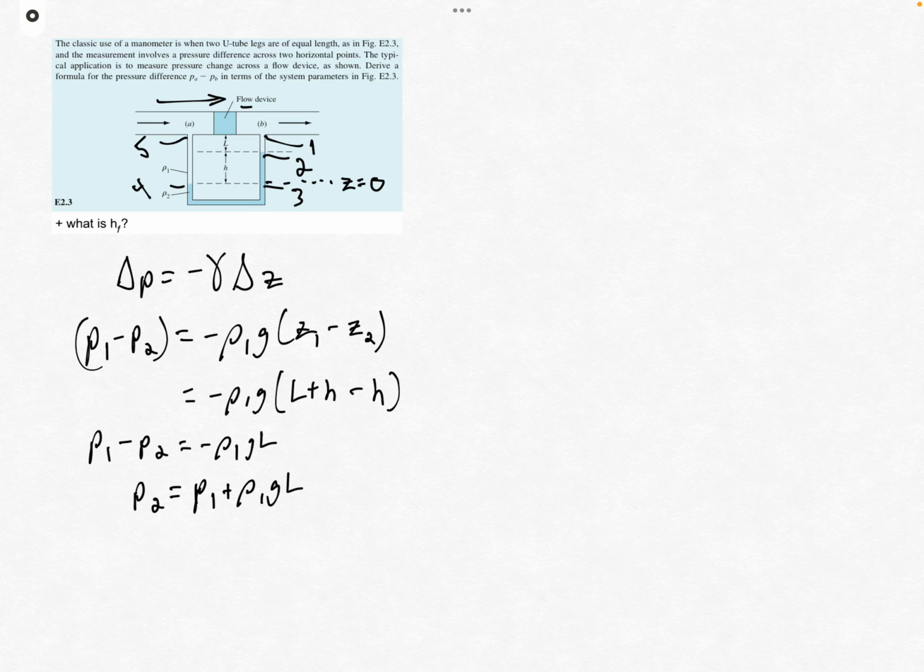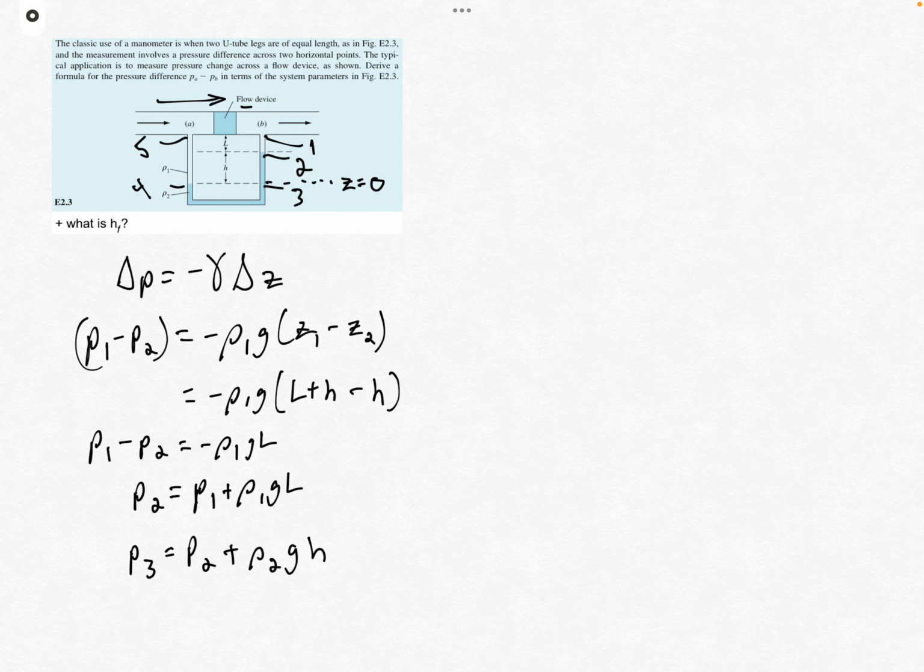Now we're going to go from 2 to 3. Here, let's just use that intuition that pressure goes up as we move down within a fluid, and we can take a little shortcut and say P3 is equal to P2 plus rho 2 times G times H, which is the height difference between 2 and 3.